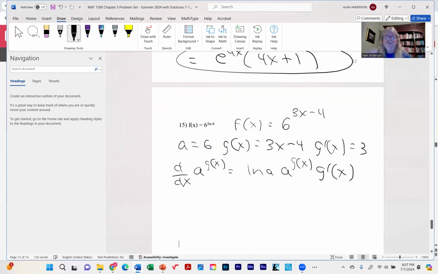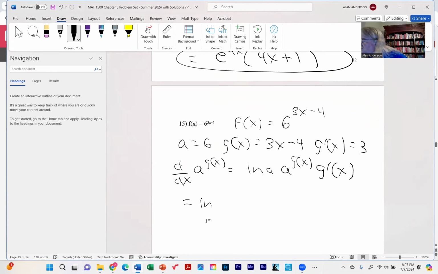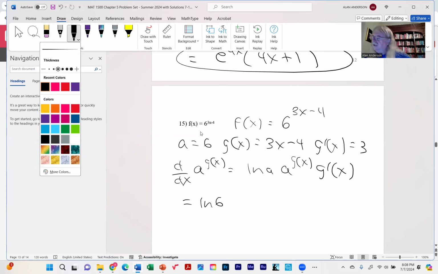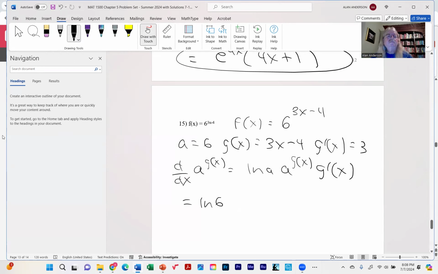So now we just do some substitution. We have log 6, 6 to the g of x, 6 to the 3x minus 4.